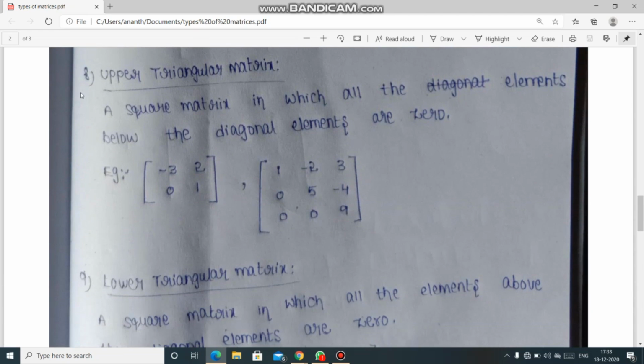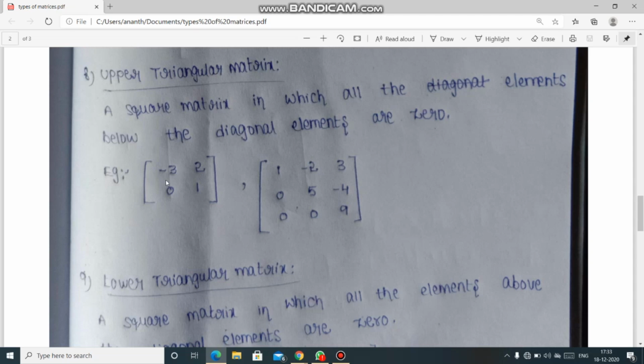And next, the eighth one, upper triangular matrix. The definition of an upper triangular matrix is a square matrix in which all the elements below the diagonal elements are 0. It means the number of rows is equal to the number of columns, in which all the elements below the diagonal elements are 0.